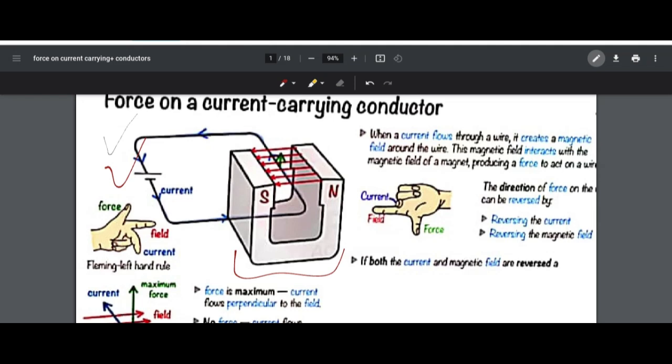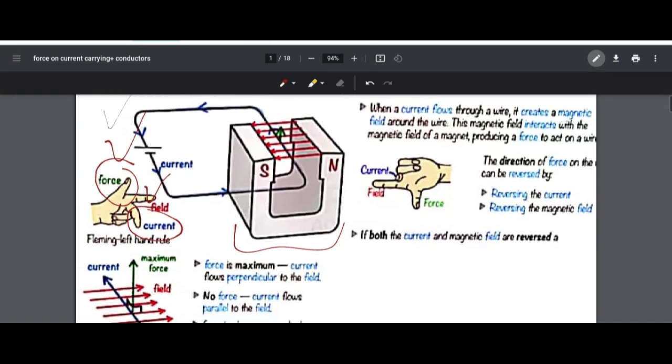The index finger points in the direction of the magnetic field, the thumb gives the direction of force, and the middle finger gives the direction of current.